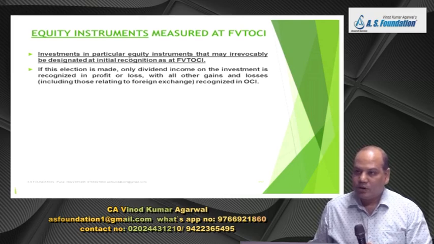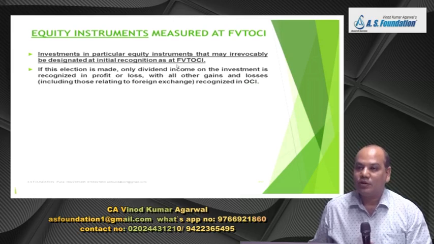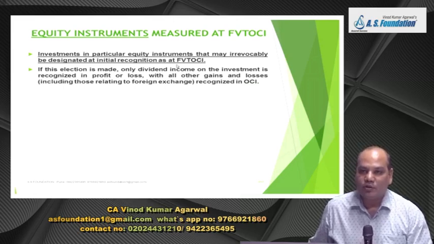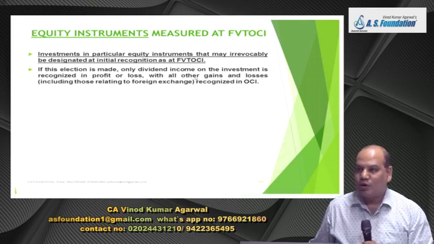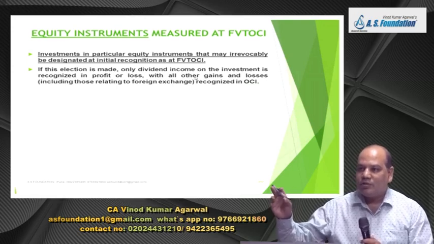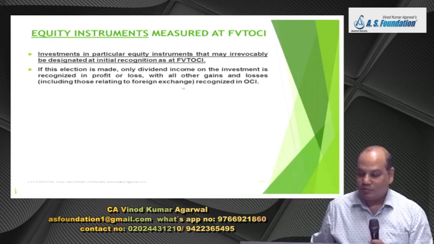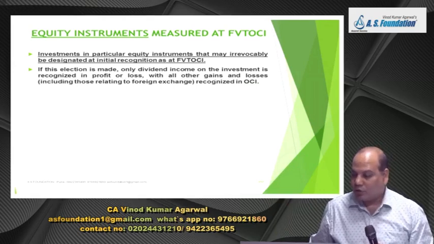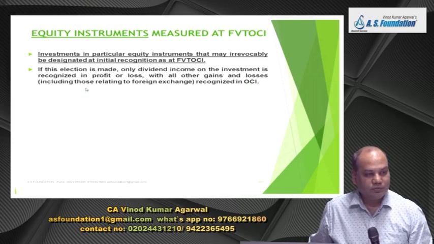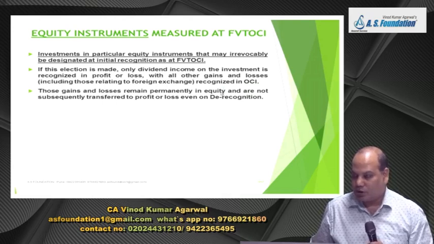Now here is one mistake we can make. What about the dividend income that you will receive on this equity instrument, which you have designated as FVT OCI? Dividend income will be recognized, as usual, in profit and loss, as dividend is not a change in fair value. So dividend income will be recognized in the P&L account, and all other gains and losses, including those related to foreign exchange, will be recognized in OCI.